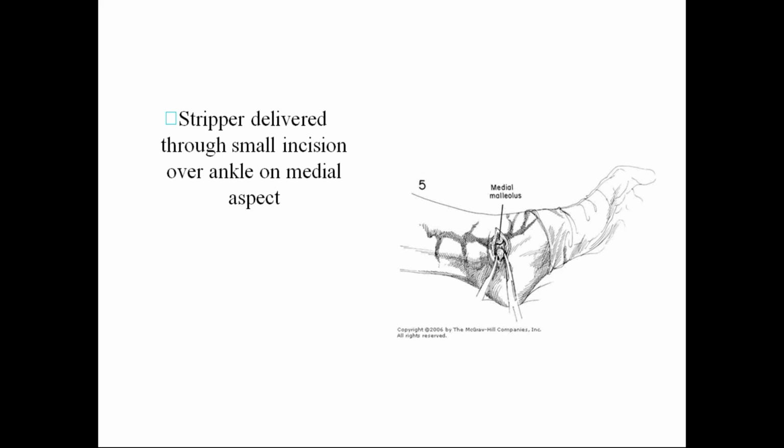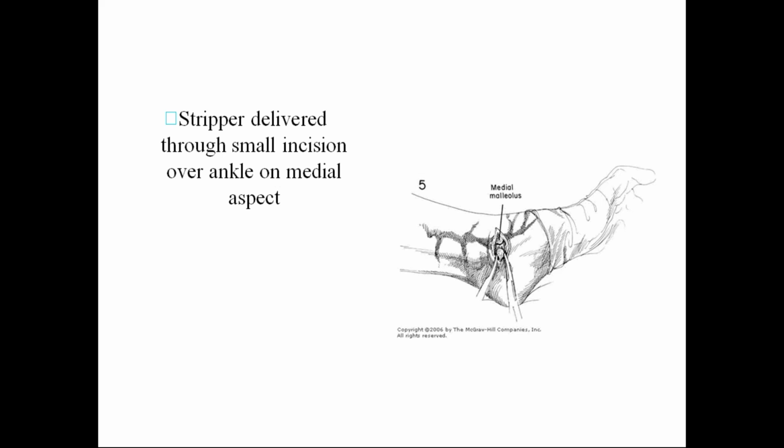Previously they used to do stripping from the ankle, but there is a more chance of injury to the saphenous nerve, so we're doing it only below the level of the knee joint. Then the question is how we can remove the dilated great saphenous vein, if present below the level of the knee joint.